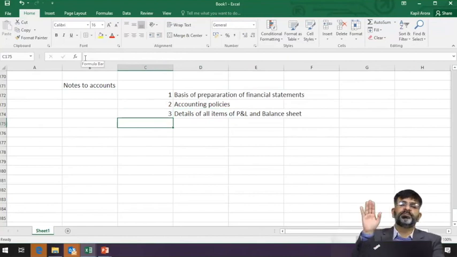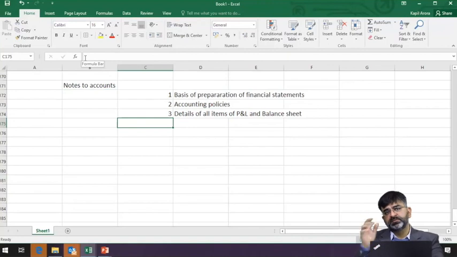For example, if we have property, plant and equipment, which is the fixed assets, what is there in the fixed assets gets explained in note number 3 maybe. Then note number 4 could be what is there in the revenue, what is there in the financial asset. All those things would be there in the notes.